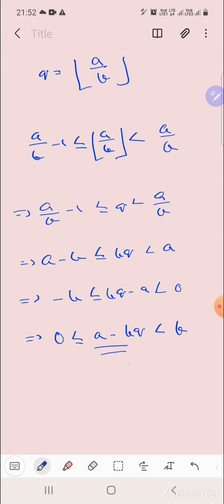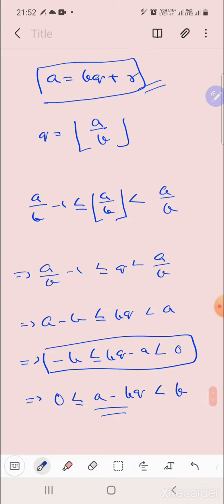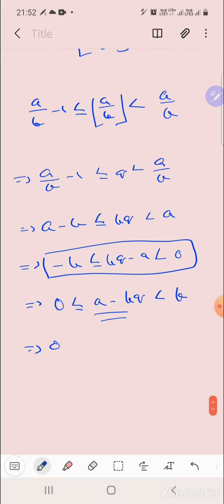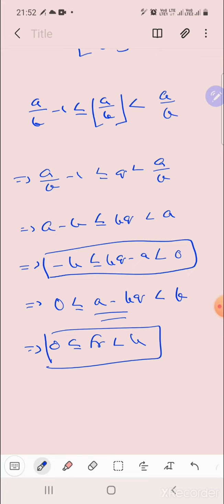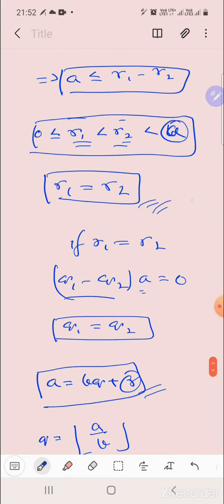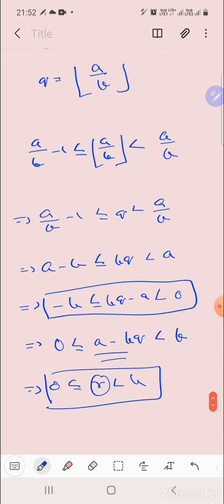You are changing the inequality sign when you change the sign of the integers. What is a minus bq? It is nothing but r. So 0 is less than or equal to r, and r is less than b. This is the inequality of r. That's why r will always be less than the divisor.